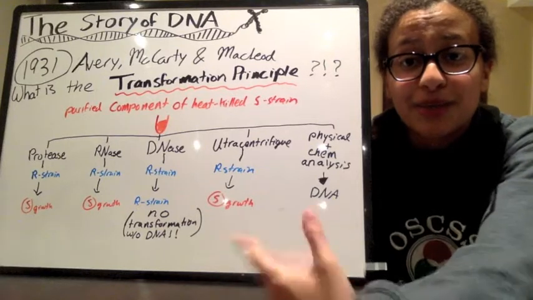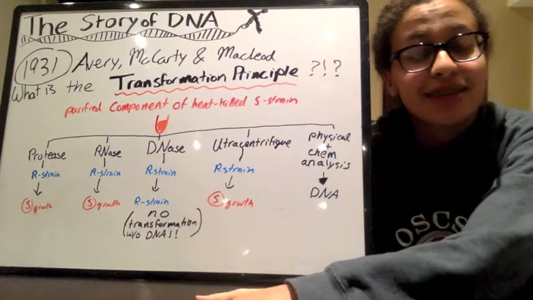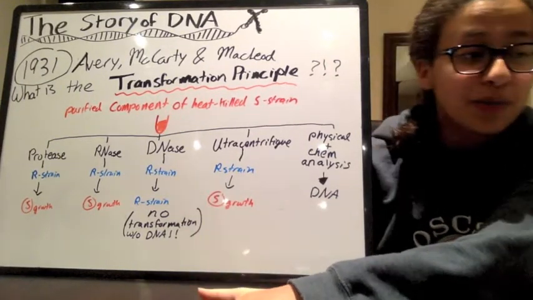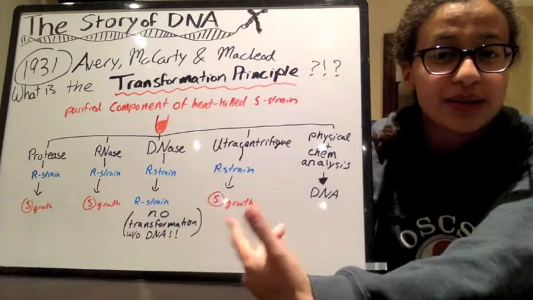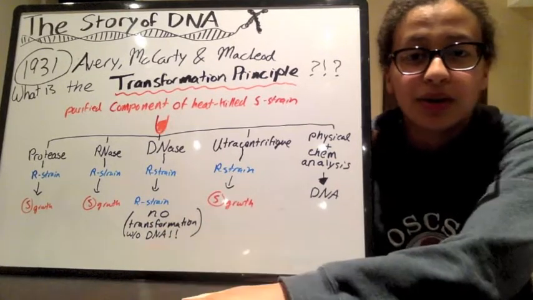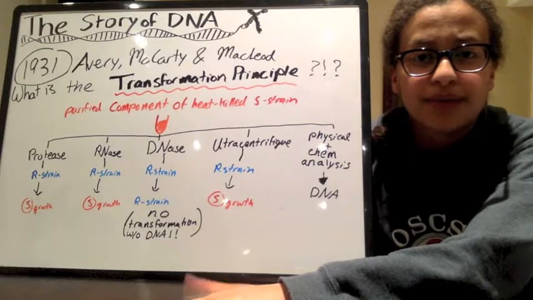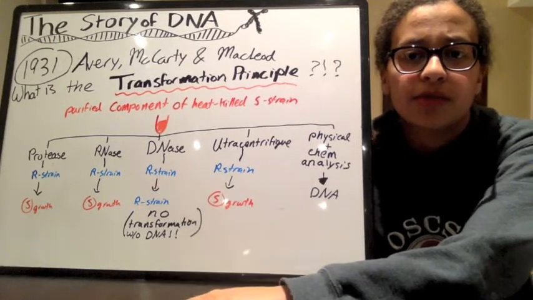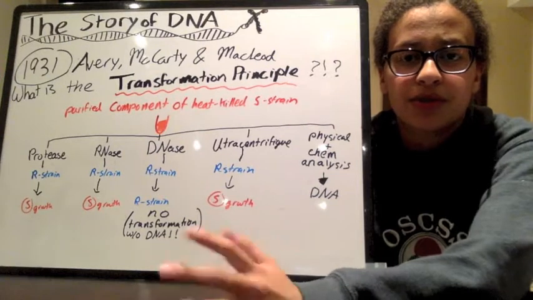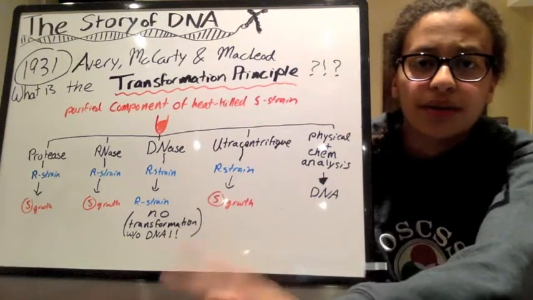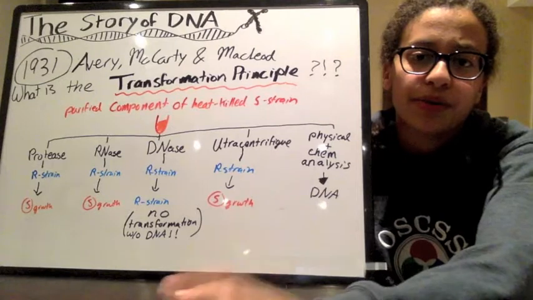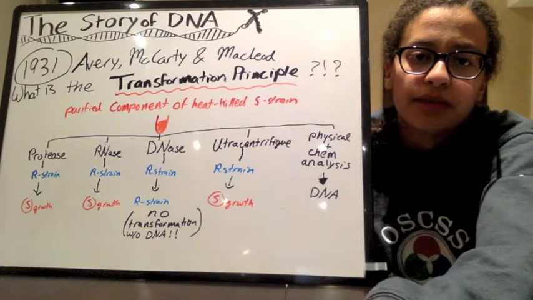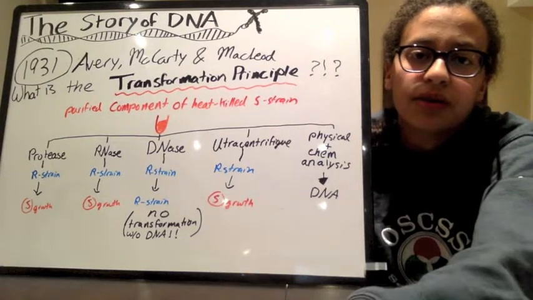And yet, despite all of this evidence, the scientific community was like, no, you probably messed something up. Maybe there's some sort of contamination, or maybe it's not actually a genetic thing that's causing this transformation. Maybe it's just some other physiological thing going on. I don't know. They just said, it's probably still proteins.